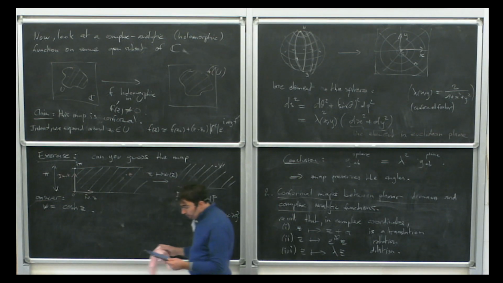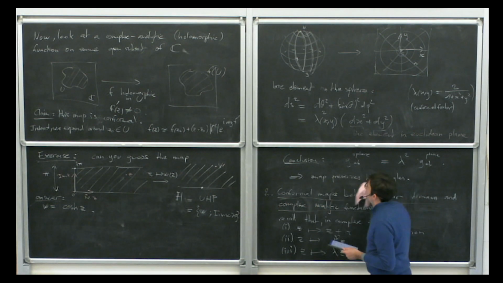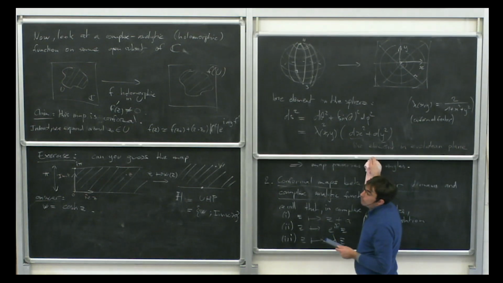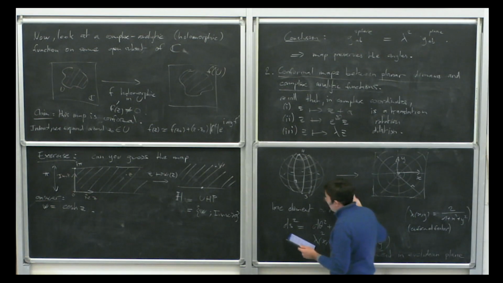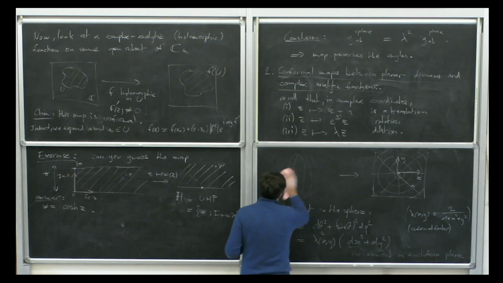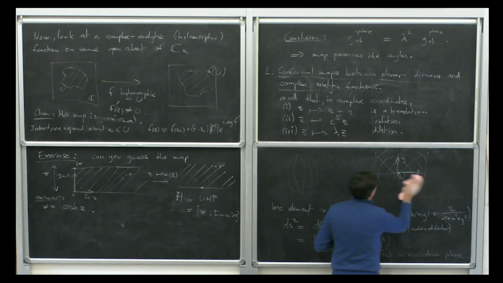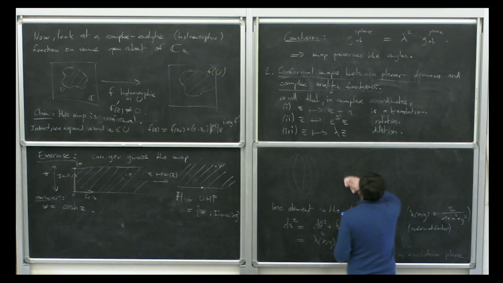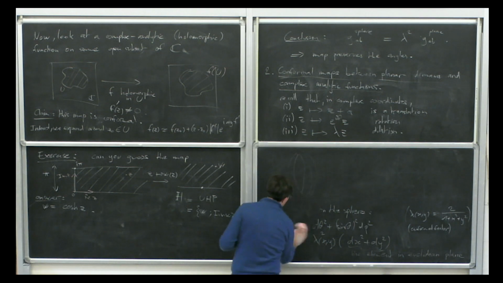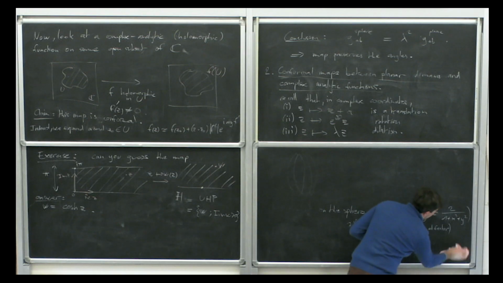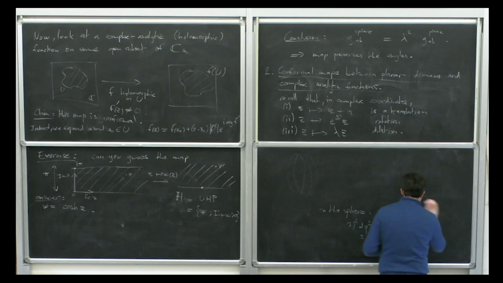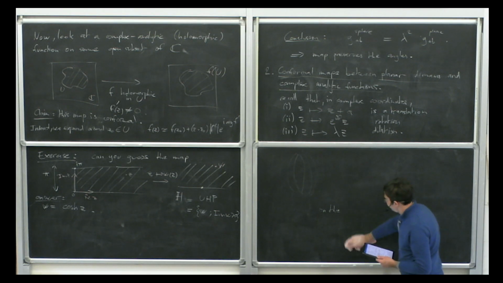Okay, so indeed, you asked the right question. How do we know that such maps exist? Before we talk about the general theorem, one thing you can ask is whether there is a recipe for finding such conformal maps, and is there a general formula?